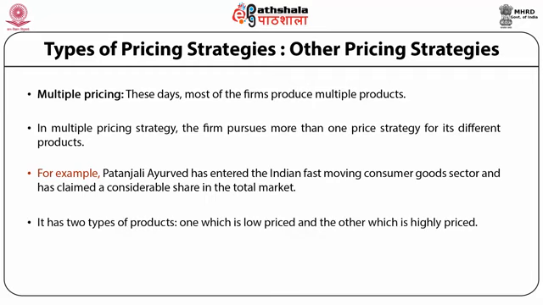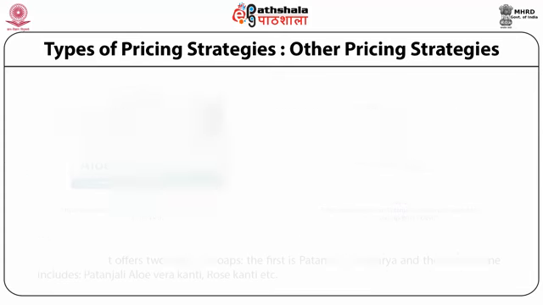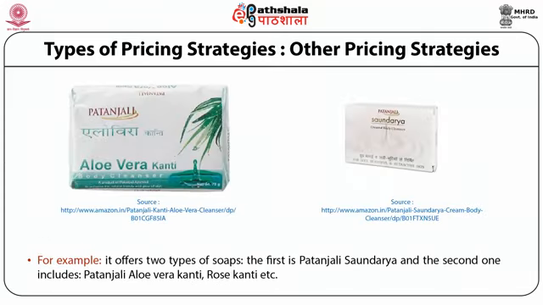It has two types of products, one which is low-priced and the other which is high-priced. For example, it offers two types of soaps. The first is Patanjali Saundarya and the second one includes Patanjali Aloe Vera Kanti, Rose Kanti, etc.